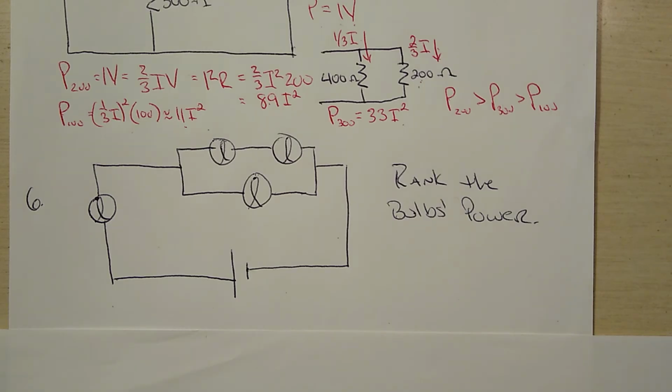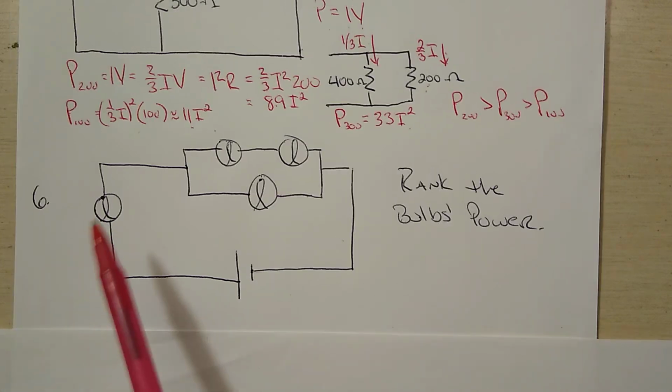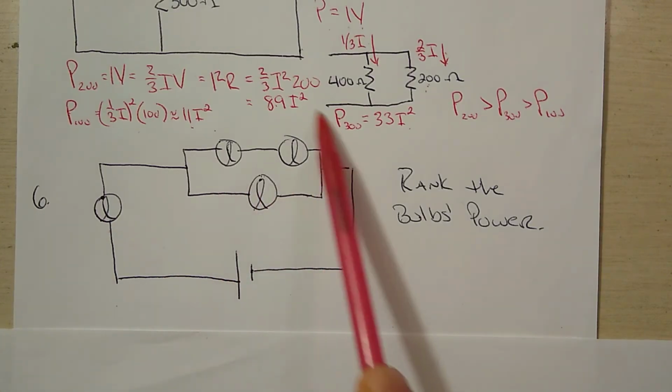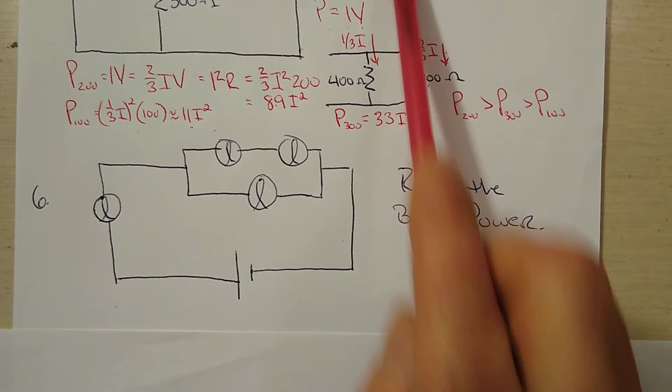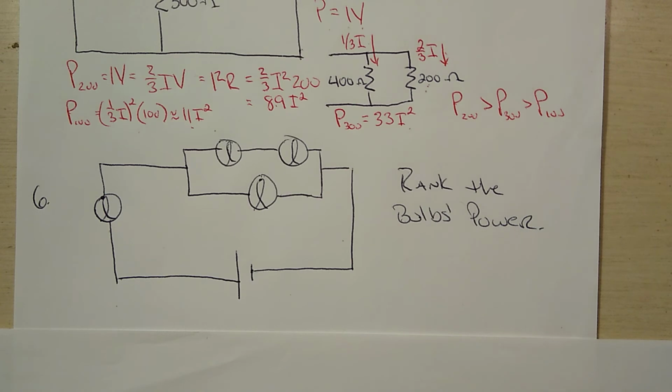Number 6 is just like number 5, except that it has this extra bulb there, right? So if we take a look at these here, it's the same as what's going on in this one. However, the only difference is instead of having different values of resistors, they're all the same value. So let's see how that works out.